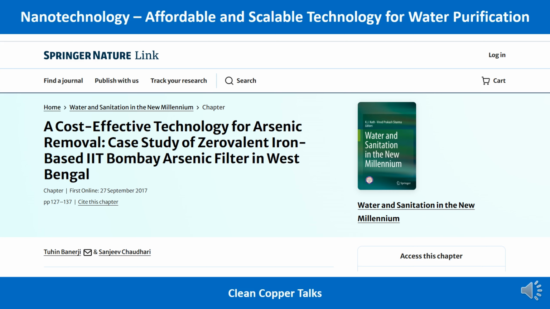This filter removes the arsenic to desired drinking water norms, which is 10 microgram per liter, from 60 to 400 microgram per liter to 10 microgram per liter, and it has successfully removed it at a flow rate of 600 liters per hour. Therefore, this filter developed by the IIT Bombay research group can successfully provide water to 200 families per day.